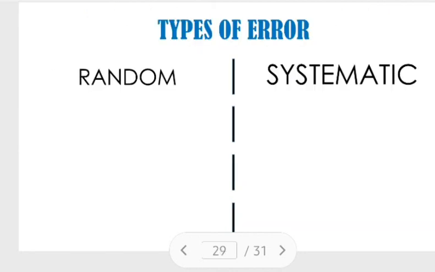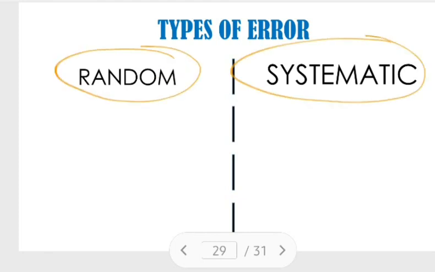Next, we have two types of error. We have the random error and the systematic error. For the random error, we have no means of predicting it. It occurs once, it is non-repeating, it is easy to spot, and usually it is a human error. So we have 12S, 13S, and R4S violations for random errors.